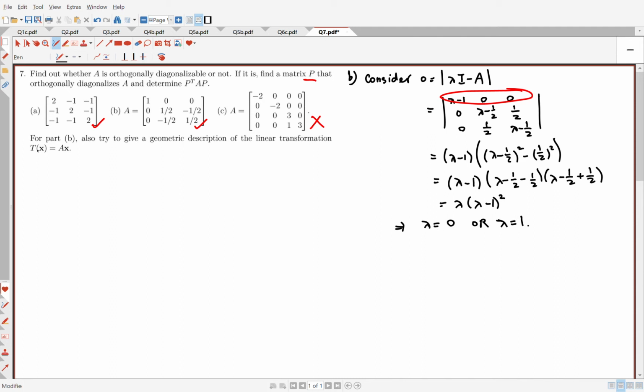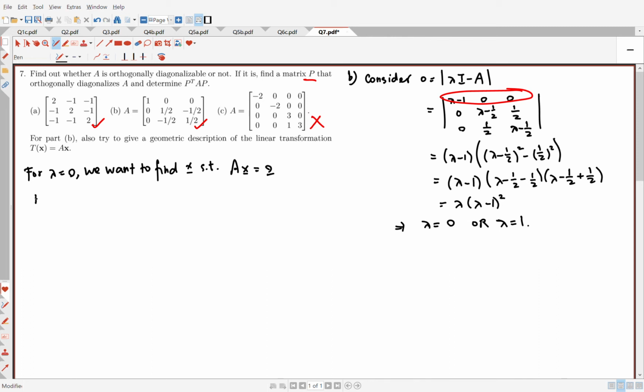So for lambda equals 0, we want to find x such that lambda I minus A x is equal to 0, but lambda is 0, so it just means that I want to find x such that Ax is equal to 0.